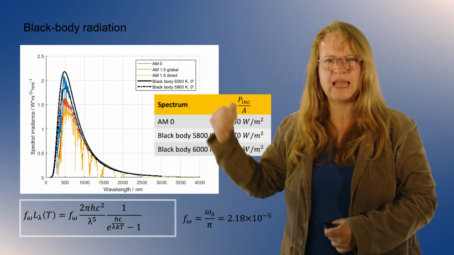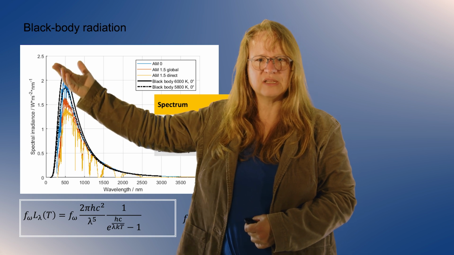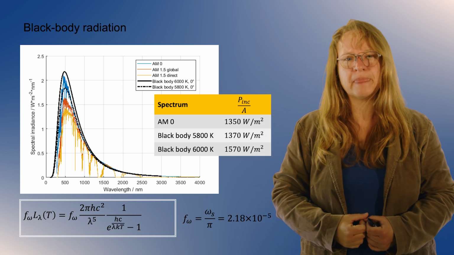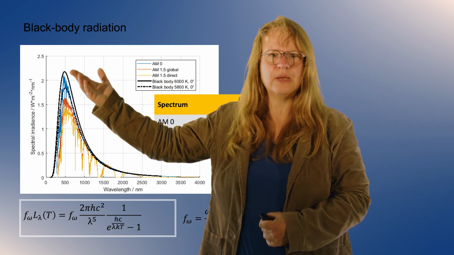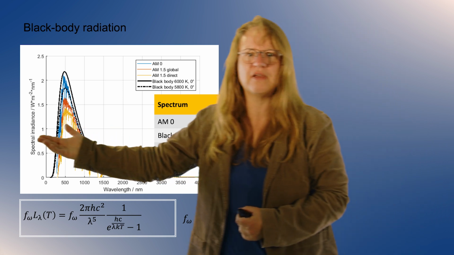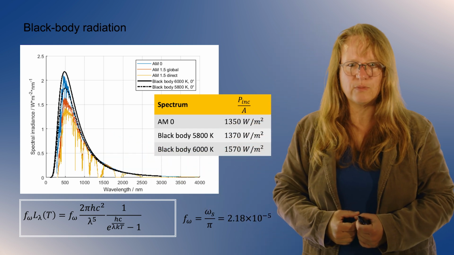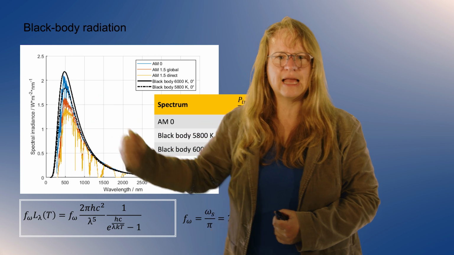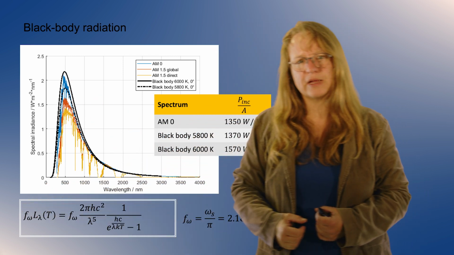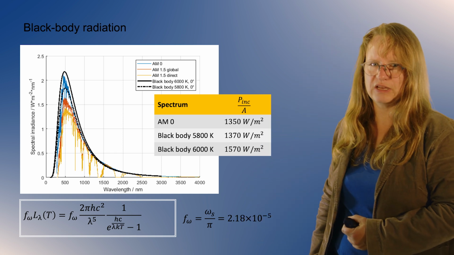The 6000 Kelvin, 0 degree tilt is this black line shown here, and you can see that it somewhat exceeds the air mass 0, the out-of-space radiation, in this region here, but it matches quite well for longer wavelengths. In the shorter wavelength range the difference is a bit larger. So this black curve I calculated by multiplying this correction factor with the spectral irradiance at a temperature of 6000 Kelvin. And the correction factor is again given here.